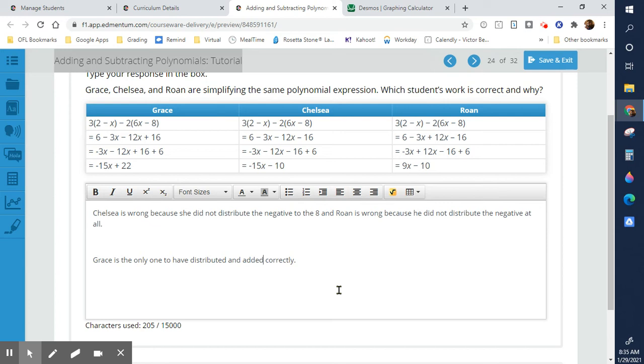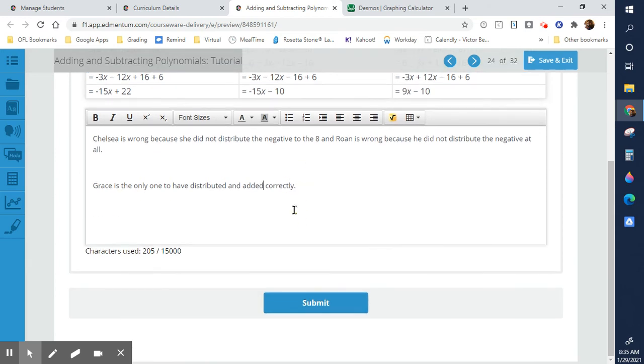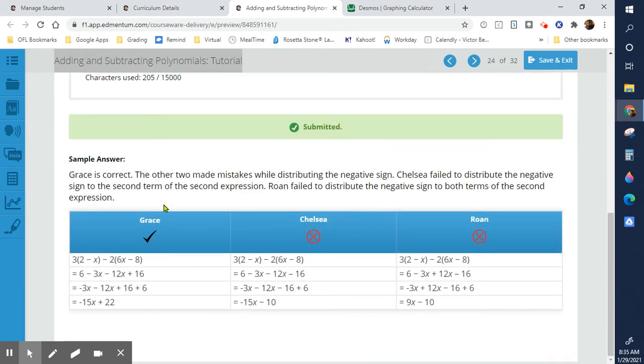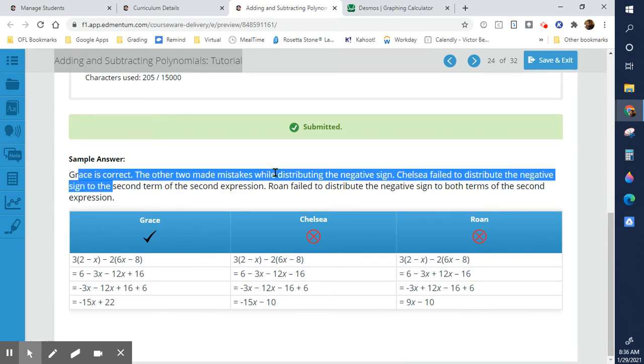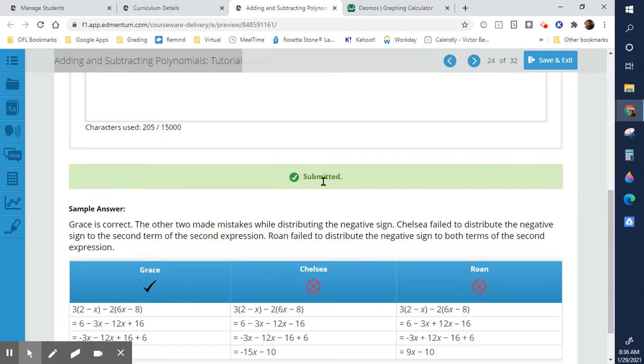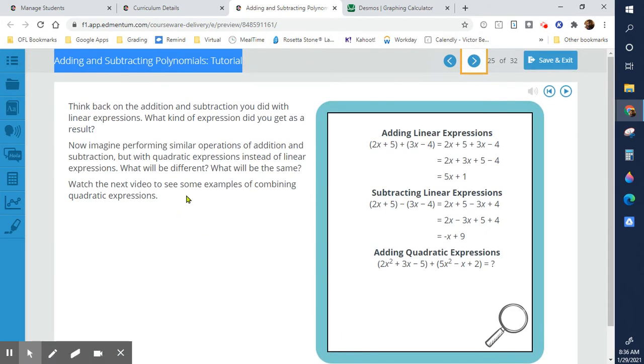And I use the word added as kind of a universal term for subtraction and addition. You're finding a sum, because subtraction is just adding negative numbers. So here you can see that Grace got it right, and you can see the other ones made a mistake in distributing the negative signs. They did it a lot easier than I explained it.